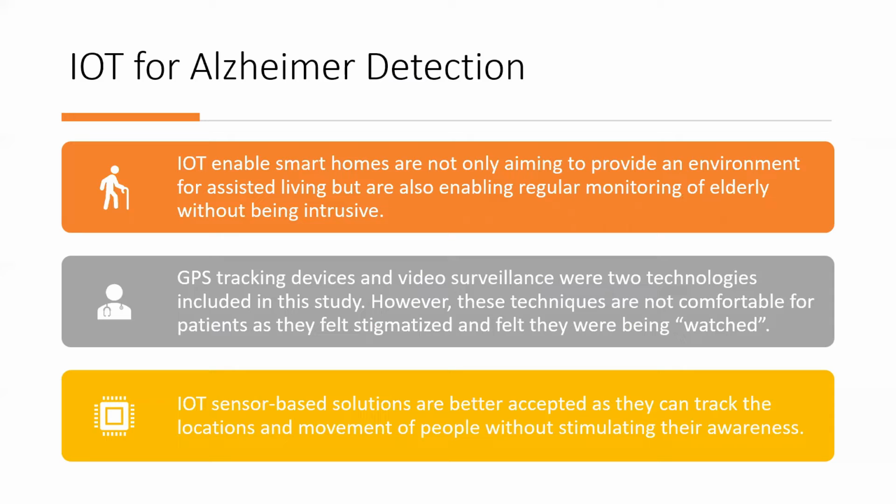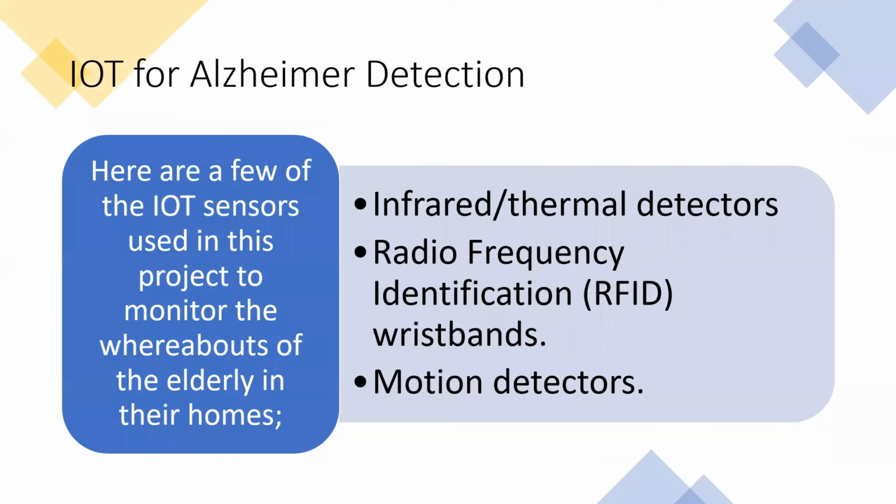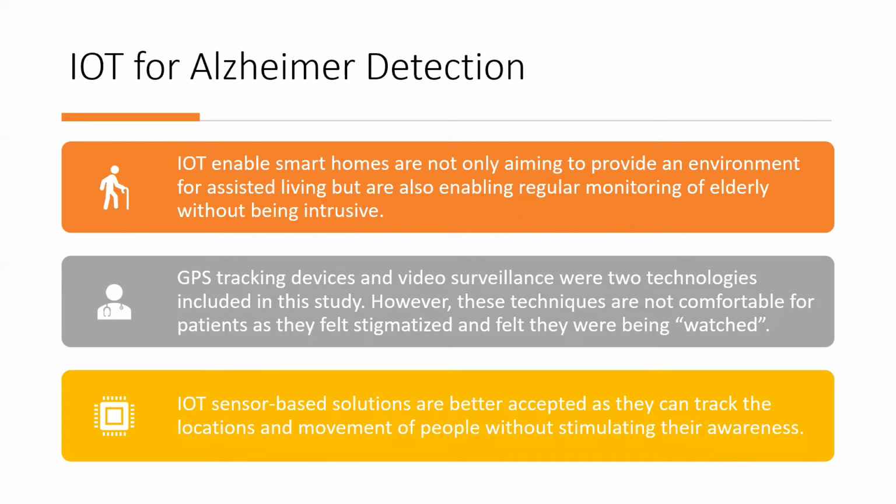So, IoT for Alzheimer's detection. With IoT, we can enable smart homes. IoT-enabled smart homes are not only aiming to provide an environment for assisted living, but are also enabling regular monitoring of elderly without being intrusive.